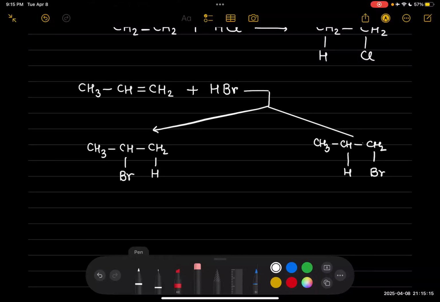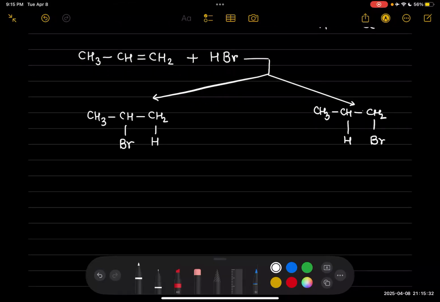So Ibrahim, tell me which option should I choose as my answer? Markovnikov states that the negative part goes to the carbon with the least hydrogens. So the first one, the left one, CH3, CHBr, CH2. Yeah, what it says is that the negative part of the addendum gets added to the carbon atom of the double bond with the least amount of hydrogen.